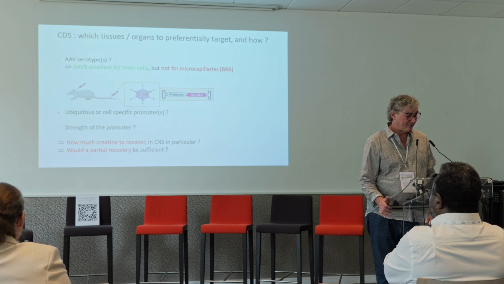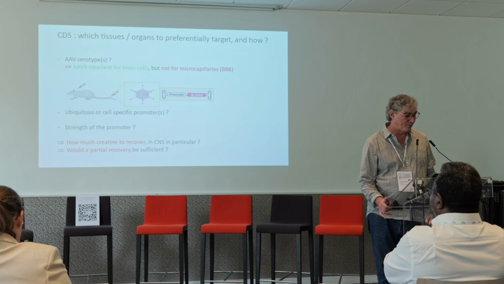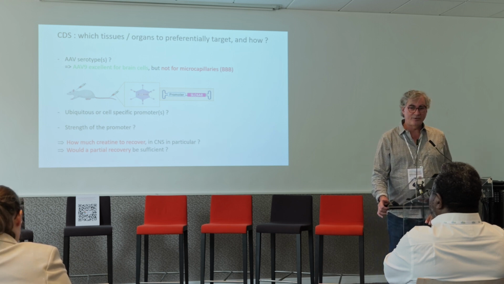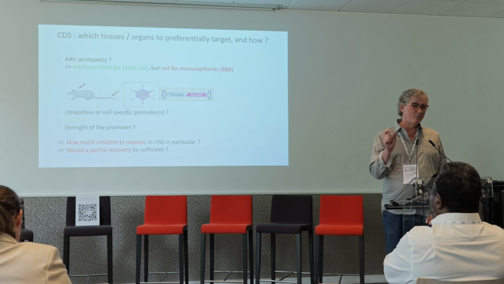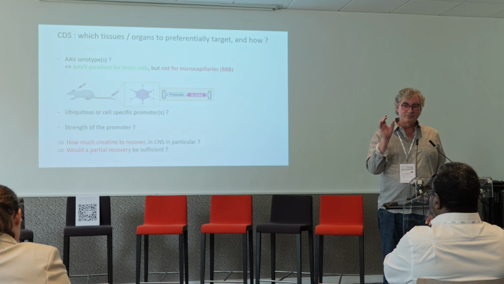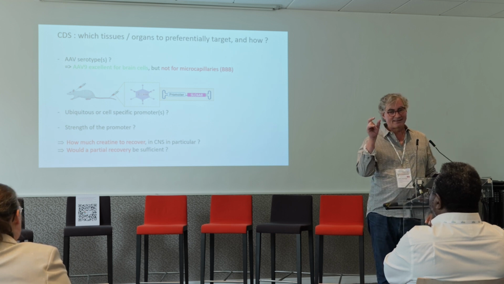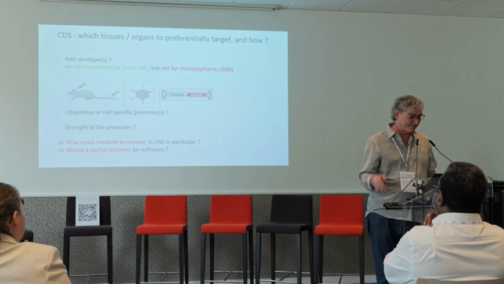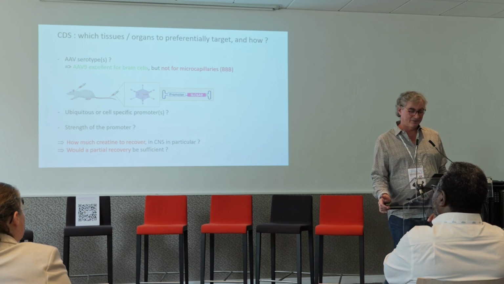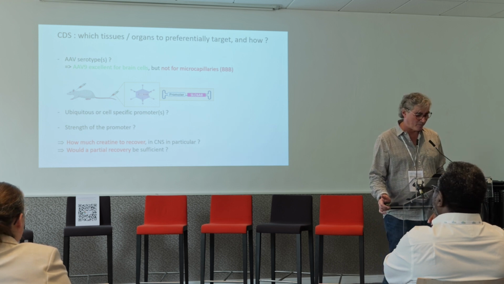For the brain, for example, AAV9 appears quite good to transduce the brain. It is not good to transduce the microcapillaries at the blood-brain barrier. It crosses the blood-brain barrier, but it appears not to efficiently stop in these microcapillaries. And maybe for the creatine transporter, that could be a problem.